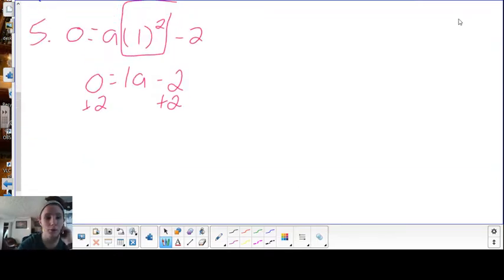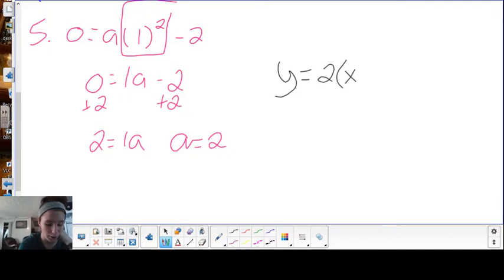So I get 2 is equal to 1a, which means that a is equal to 2. And then my last step is to put it all together. So y is equal to 2 times x minus 4 quantity squared minus 2.